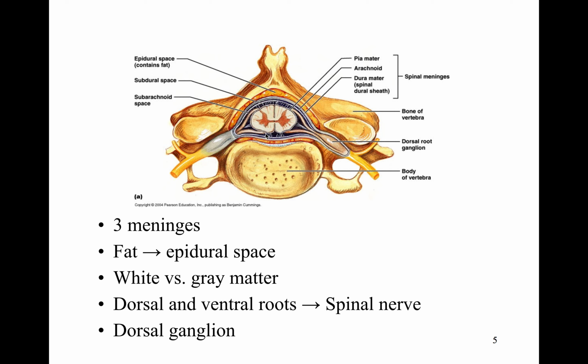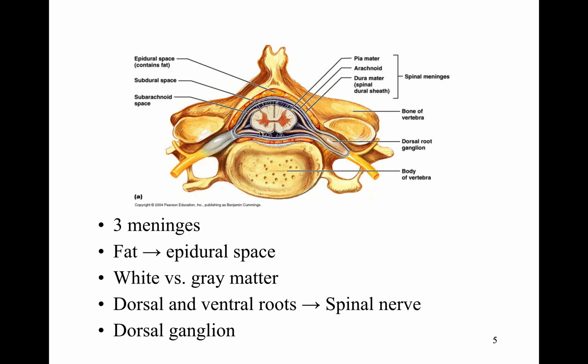The ventral root of the spinal nerve is going to carry motor output from the spinal cord to the periphery of the body, so to those effector organs. So really briefly, we can look at the flow of information through the spinal cord. Sensory information is going to come through our spinal nerves, through that dorsal nerve root, and enter the spinal cord.